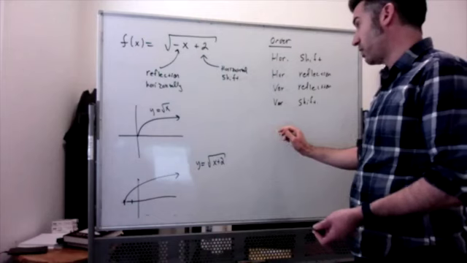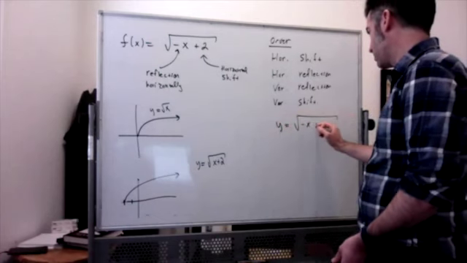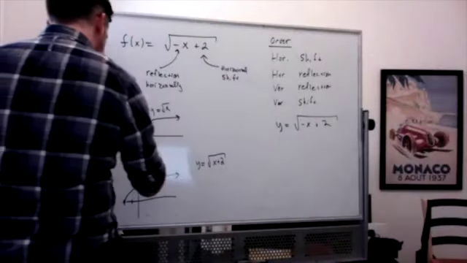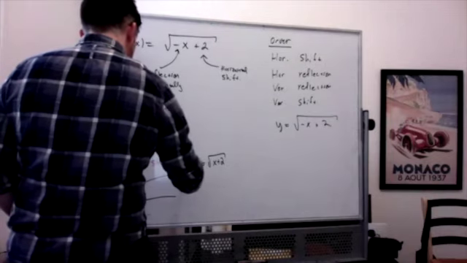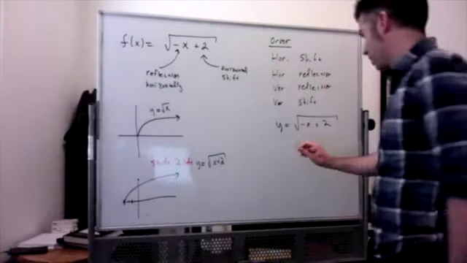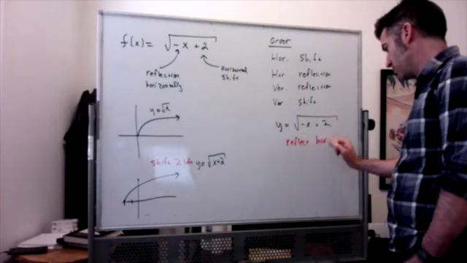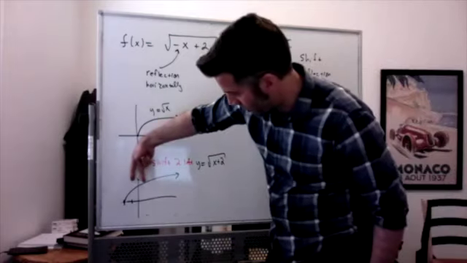But now here's what's going to happen. I'm going to now do the reflection. So I'm going to do y equal to the square root of -x plus 2. I should have written some words in there. One sec, sorry. So here, right, we shifted 2 left. And now here, we're going to reflect horizontally. So, but we're reflecting across the y-axis, meaning we're flipping the thing around here.